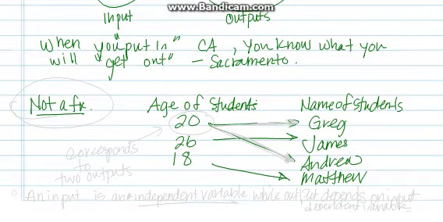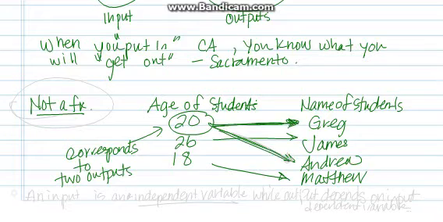This is not a function because when I put in the age of 20, it corresponds to two outputs, which makes it not a function. So you put in a 20, sometimes you're going to get Greg, sometimes you're going to get Andrew. It's not a function.